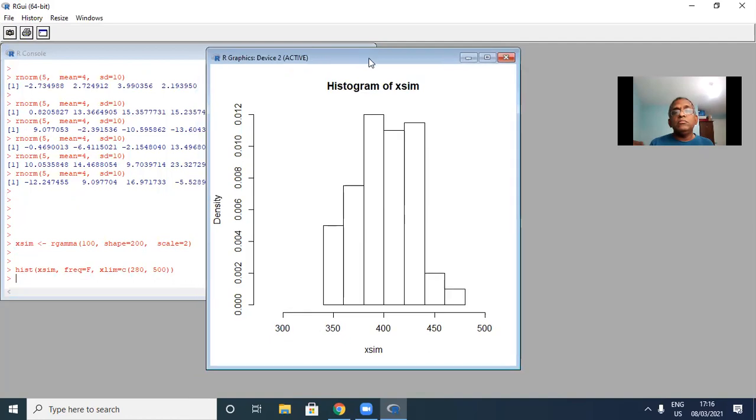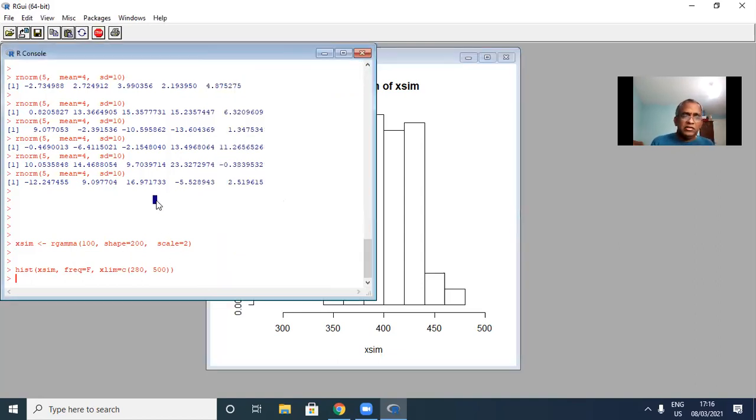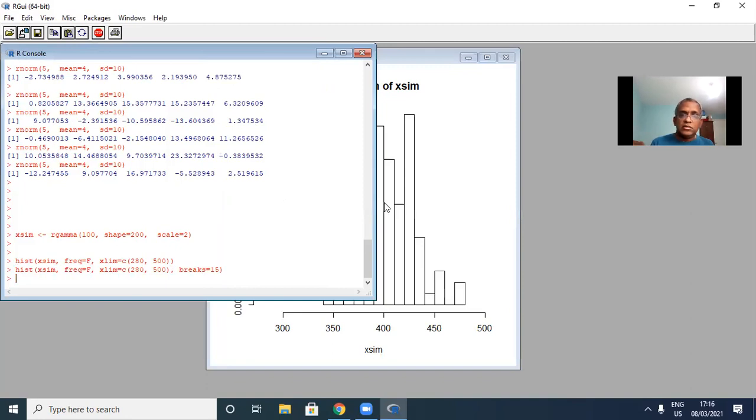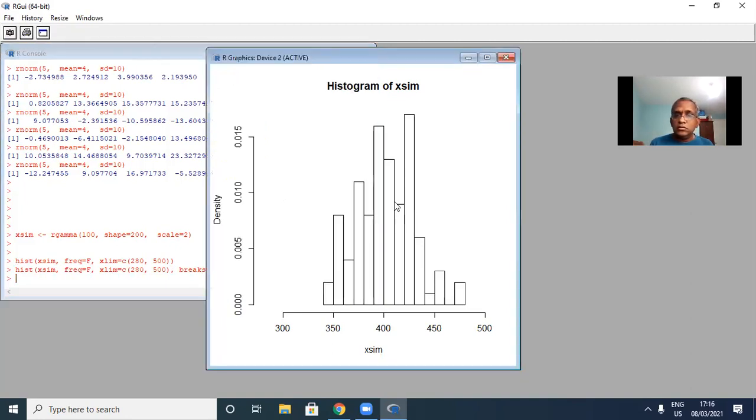So what I have drawn is the density of the simulated data that we simulated from a gamma distribution with these two parameters. Now let me increase the number of breaks, say to 15, so you get something nicer. So this is frequency equal to F, which means the y-axis is plotted in the density scale.